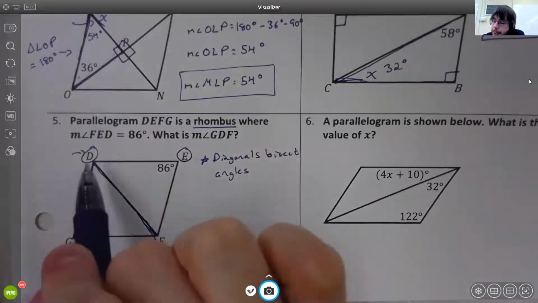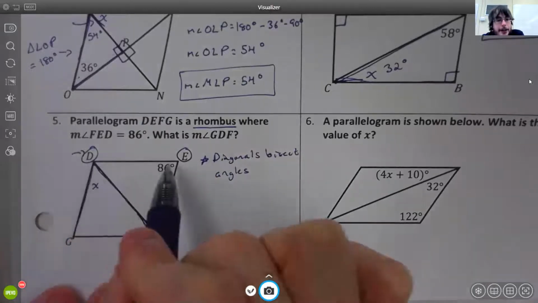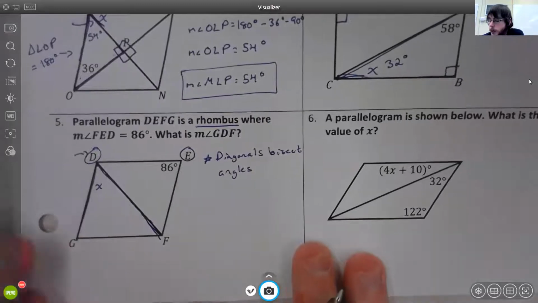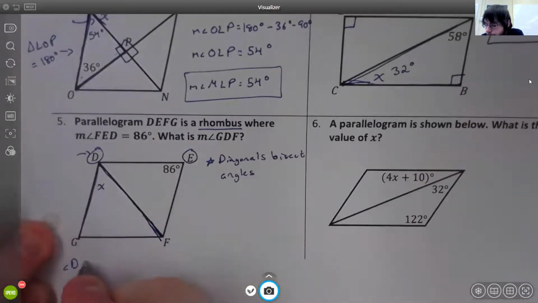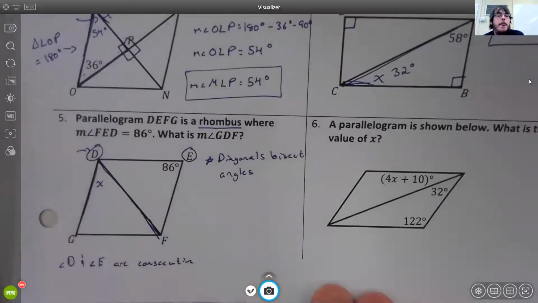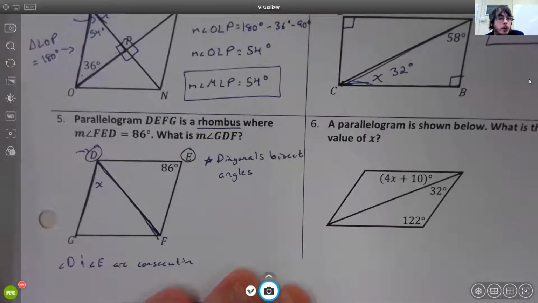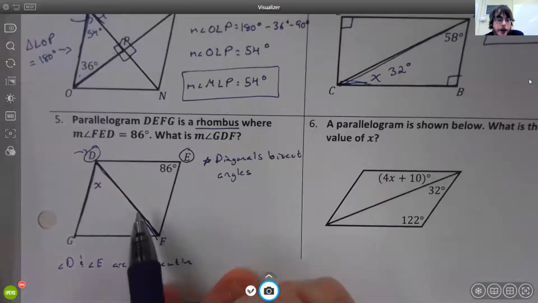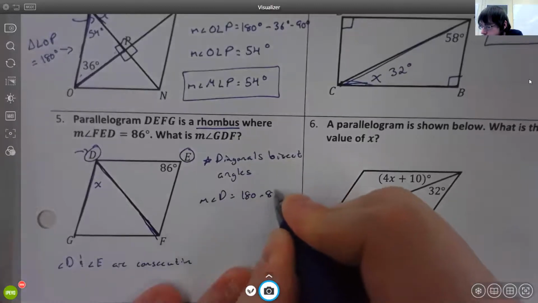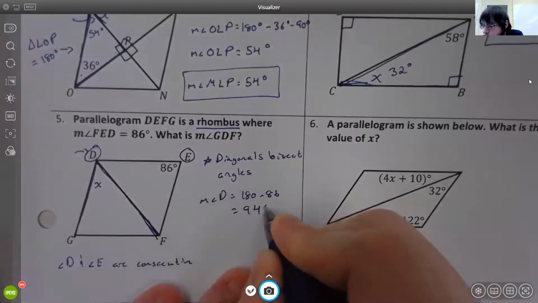So E and D here are connected by that side, so that means that they are consecutive. So D and E are consecutive. Now, since they're consecutive, that means that they add up to 180 degrees. So to find angle D, you take 180 and subtract 86, and you get 94.